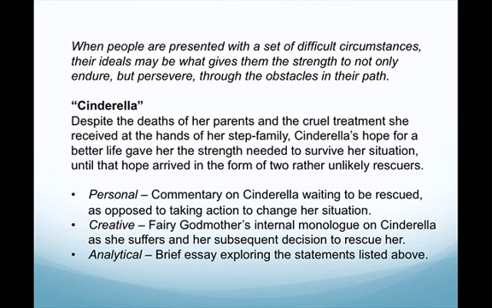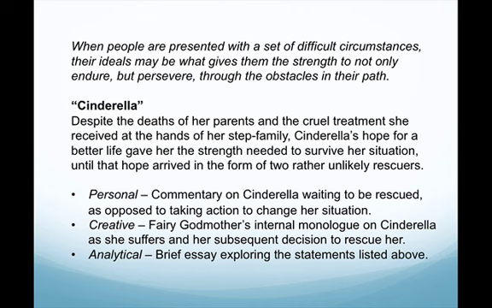Maybe then you are going to write a commentary on Cinderella waiting to be rescued, as opposed to taking action to change her situation. She sits back and waits for this fairy godmother to appear, and then, even when that goes awry, she continues to wait for Prince Charming. Could she have done something different?